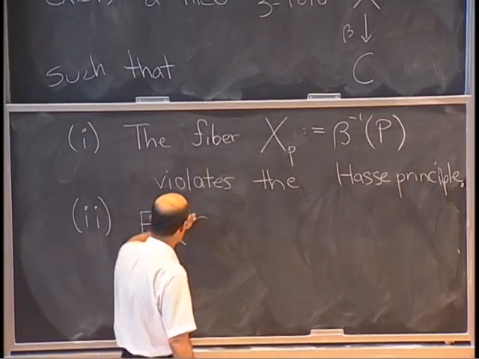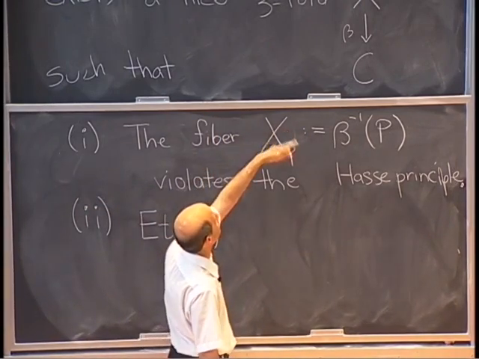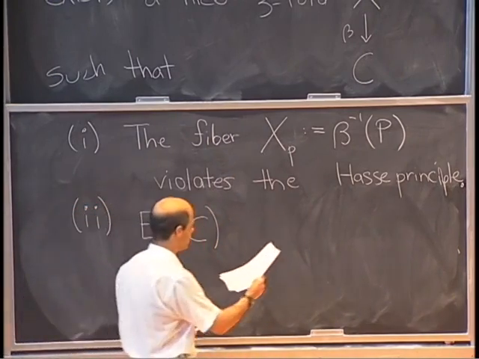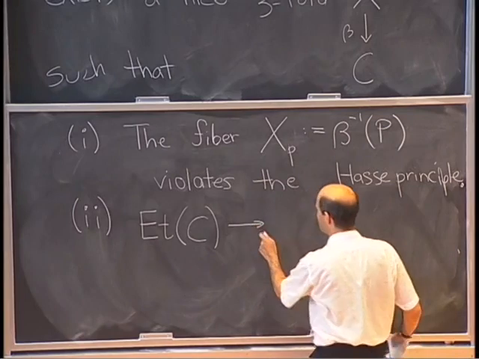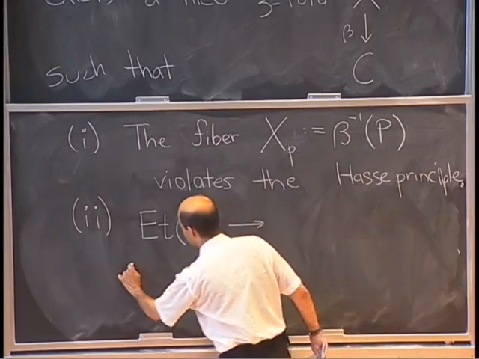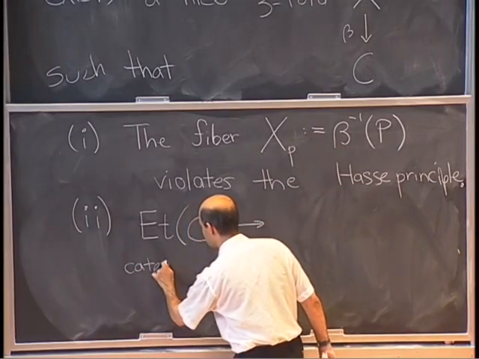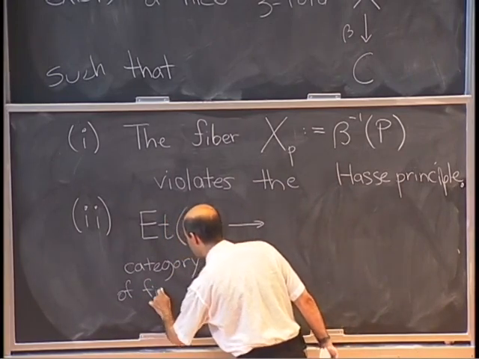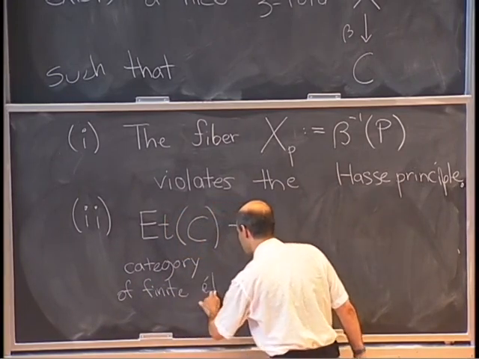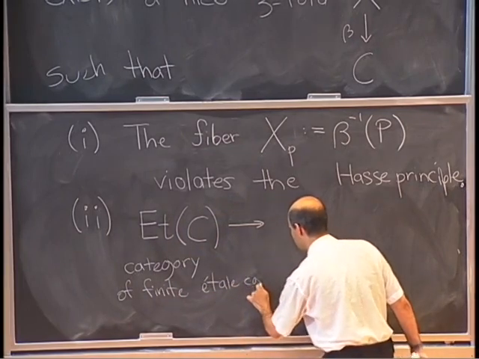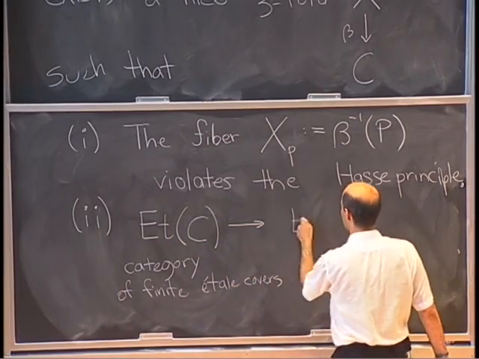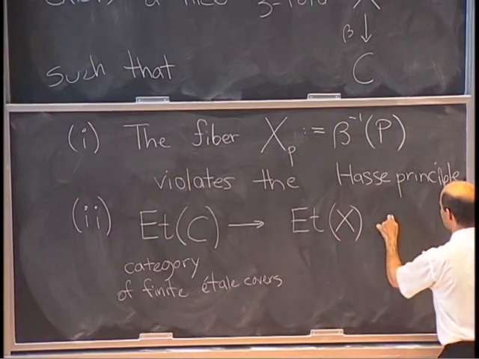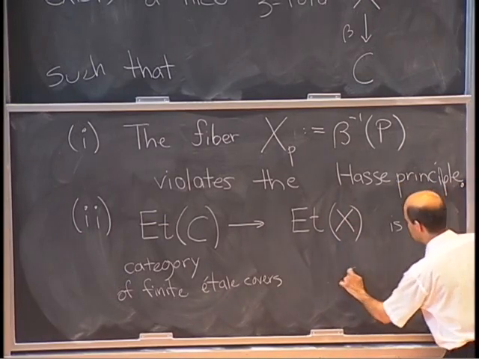So in other words, every finite étale cover of X arises from a finite étale cover of C. So there's a natural functor from the category of finite étale covers of C to the corresponding category for X, and I want to arrange for this to be an equivalence of categories.